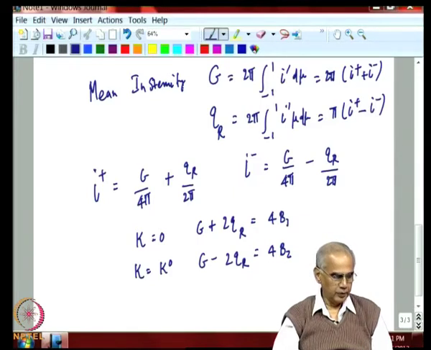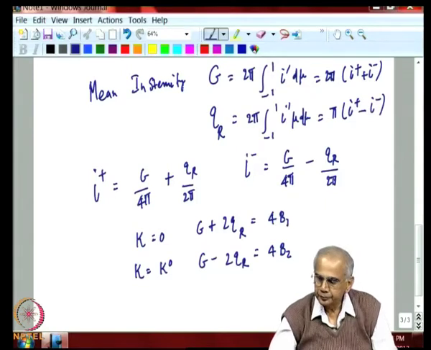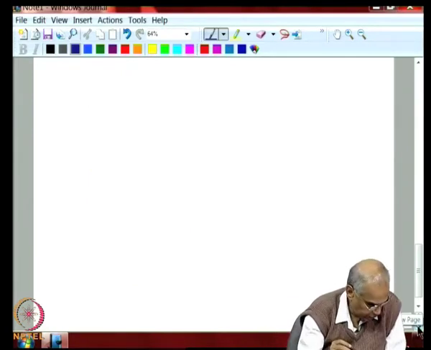Now, if you go back to the equations for I plus and I minus we wrote down, we can now rephrase them in terms of G and Q r. If you do that, you get the following result. So, now we are writing everything in terms of Q's and G's.